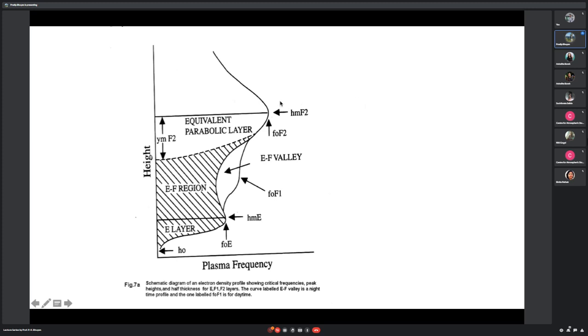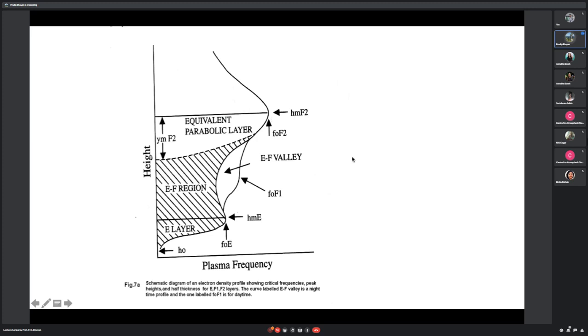Now, as we can see, any layer, those E, F, and all those layers, are characterized by particularly two parameters. One is the critical frequency, the other is the height. Height means not the actual height from the ground, but half height. In this figure, I think this is visible to you, foF2 and hmF2.